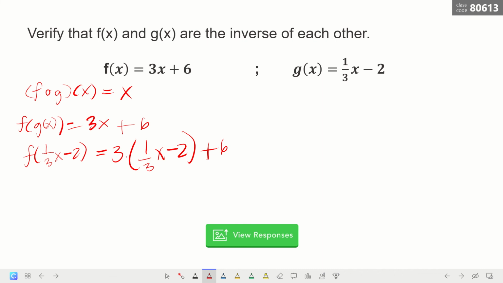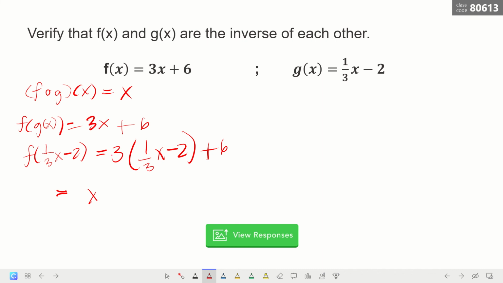So, dito, class, marami din ditong nagkakamali. So, kapag imumultiply mo siya sa expression, you need to perform distributive property of multiplication. So, wag ko na itong isulat muna. So, yan, 3 times 1/3 x is equal to x.